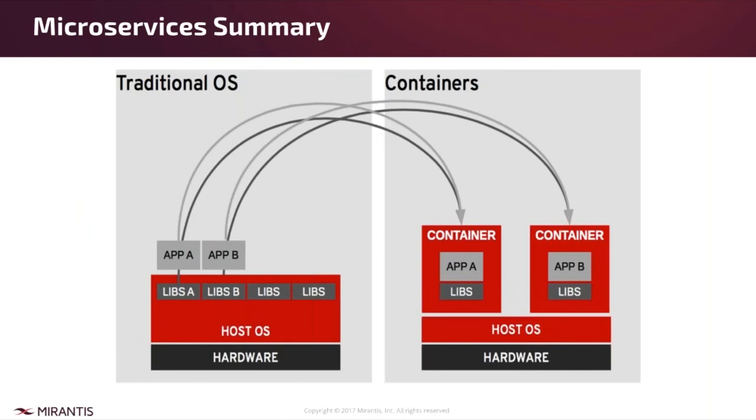So as a summary, traditionally you may have a model where applications and services live on one host or a virtual machine on the left-hand side, with their own set of dependencies and libraries scattered across a single host.